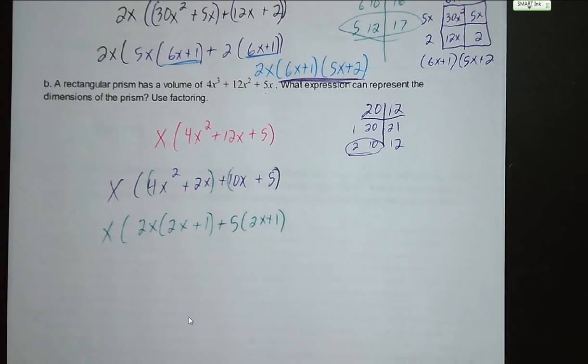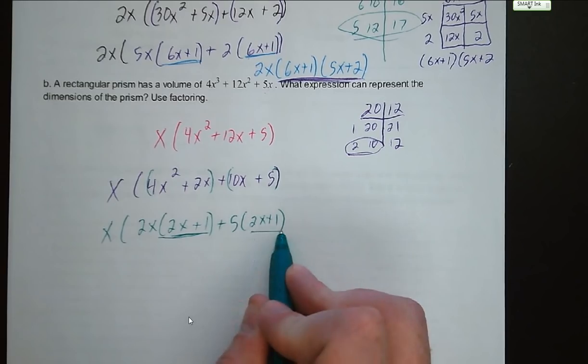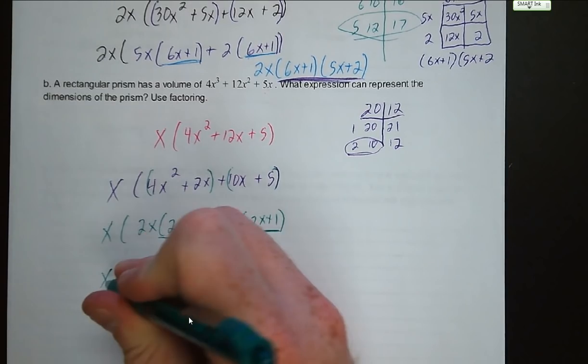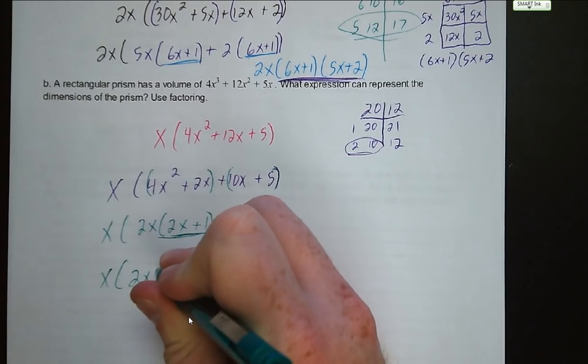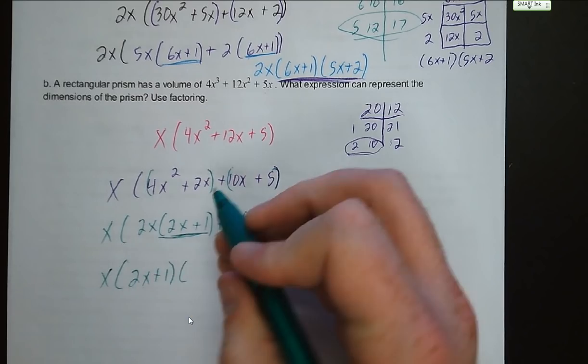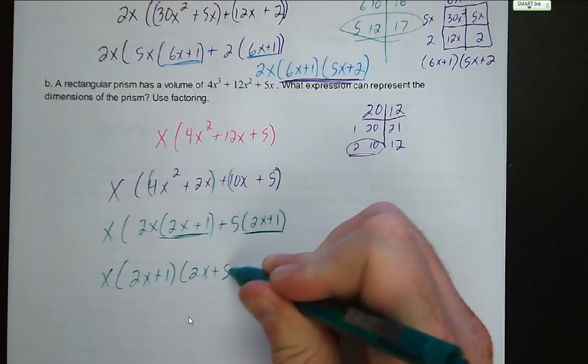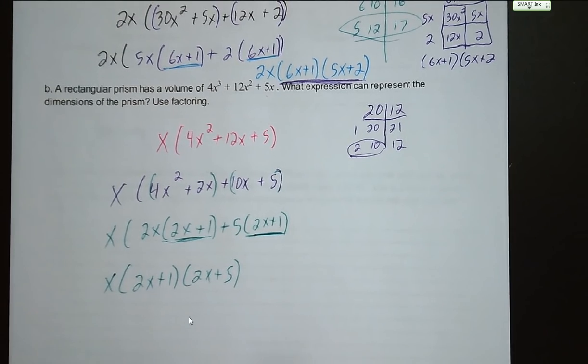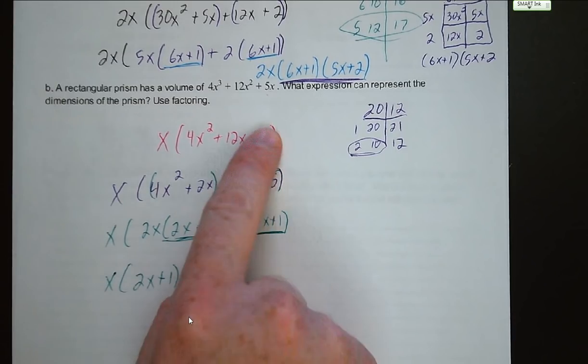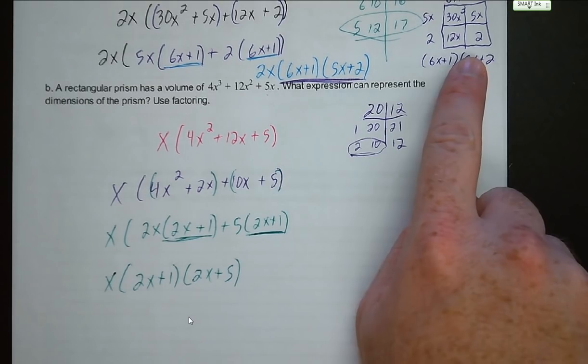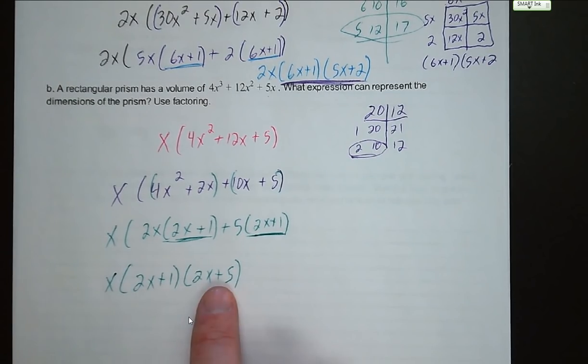Common factors, we have a 2x plus 1 there, 2x plus 1 there. So we have x times 2x plus 1 times 2x plus 5. And that is our factored form there. Okay. Once you got to this step, you could also have used the box method and figured out these two terms from that. You're still going to get the same two factors, no matter which method you use to get there.